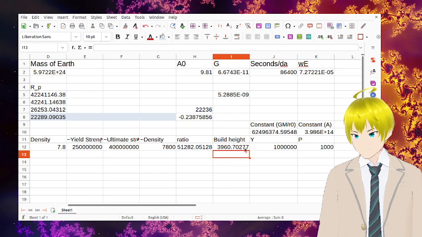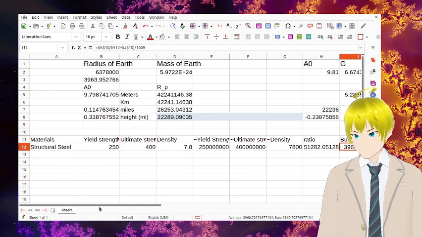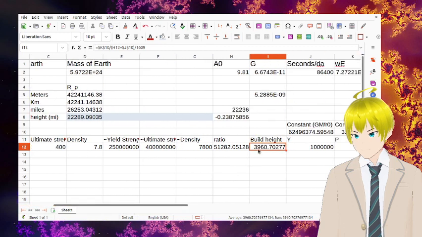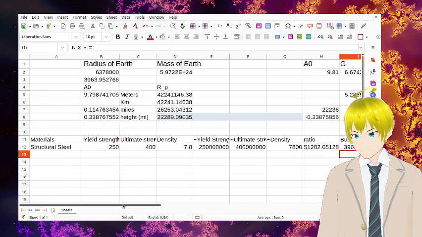Makes sense to me. So I guess the maximum that we can get before it collapses under its own weight with structural steel is about 4,000 miles, which seems too high. That's why I'm wondering if I'm doing this right. This is meters, right? R naught is meters. Yeah, it's meters.